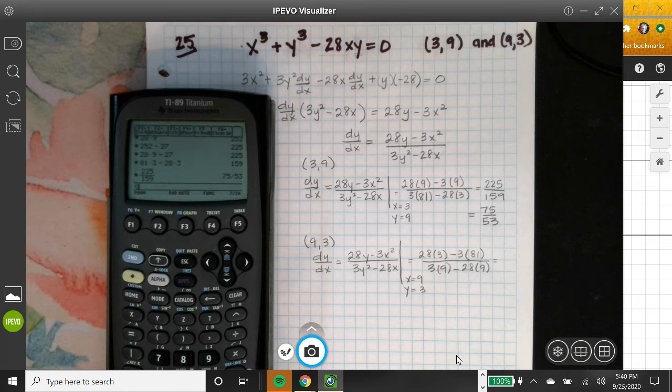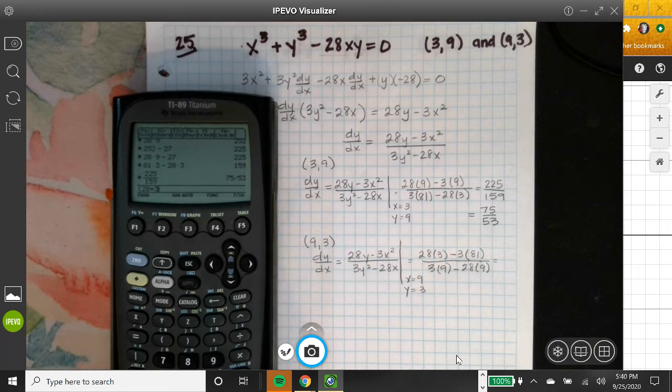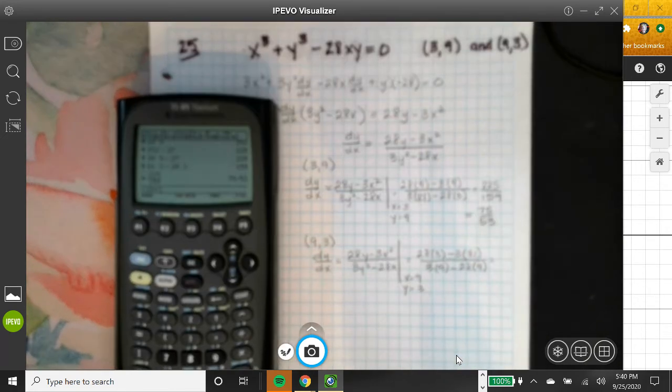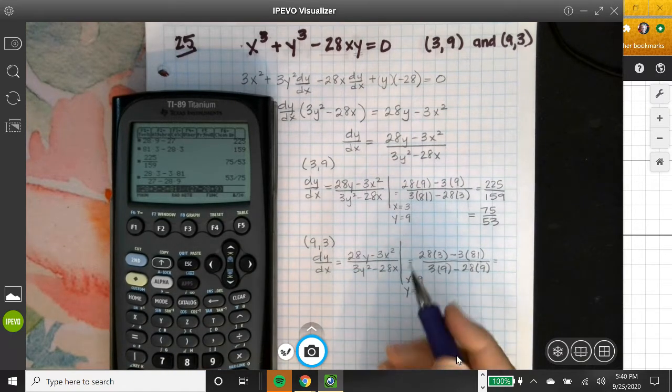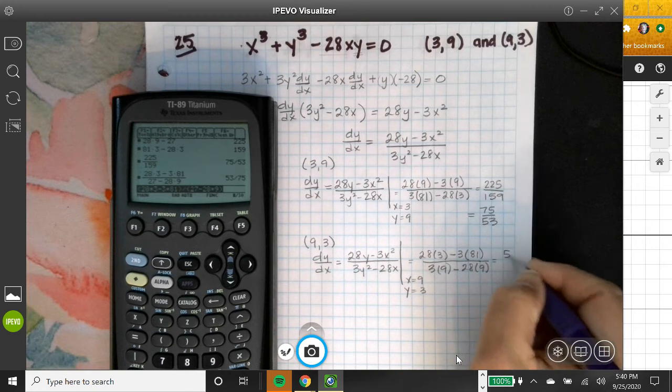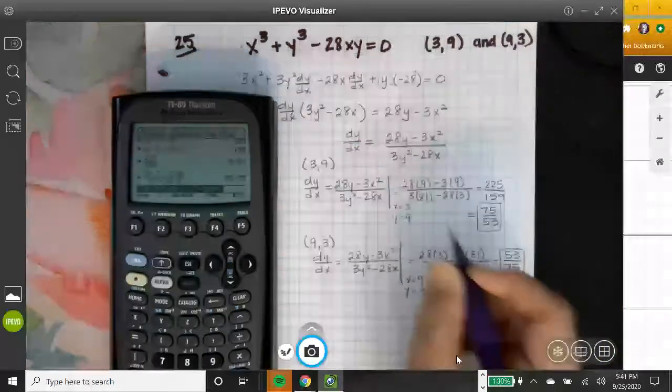So let's try it. I'm going to put parentheses all at once. 28 times 3 minus 3 times 81. Close the numerator. Divide. Open the denominator. 27 minus 28 times 9. Close the denominator. Enter. And sure enough, it is the flip of that. So it's 53 over 75. And it kind of makes sense, doesn't it? Because, I mean, we flipped the x and the y.